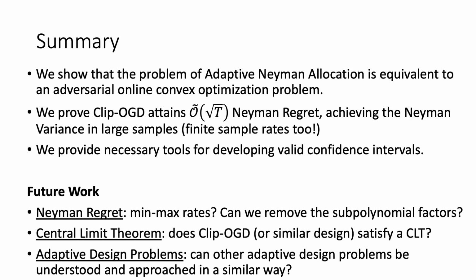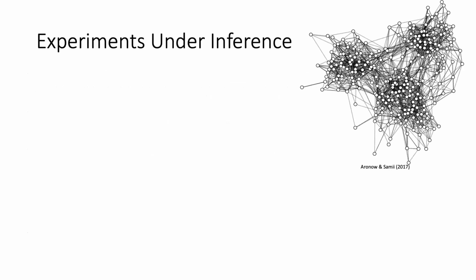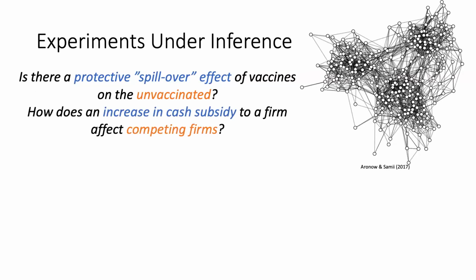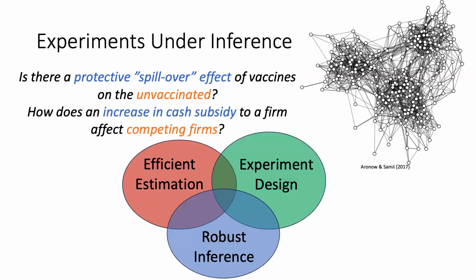I had a little bit planned about the other work that I do, but let me just say that it's on interference. Questions like, is there a protective spillover effect of vaccines on the unvaccinated, where everyone can interact in some way, or can an increase in cash subsidy to some firm affect competing firms? So now there are interactions that were not previously there in the talk. I work in three areas.